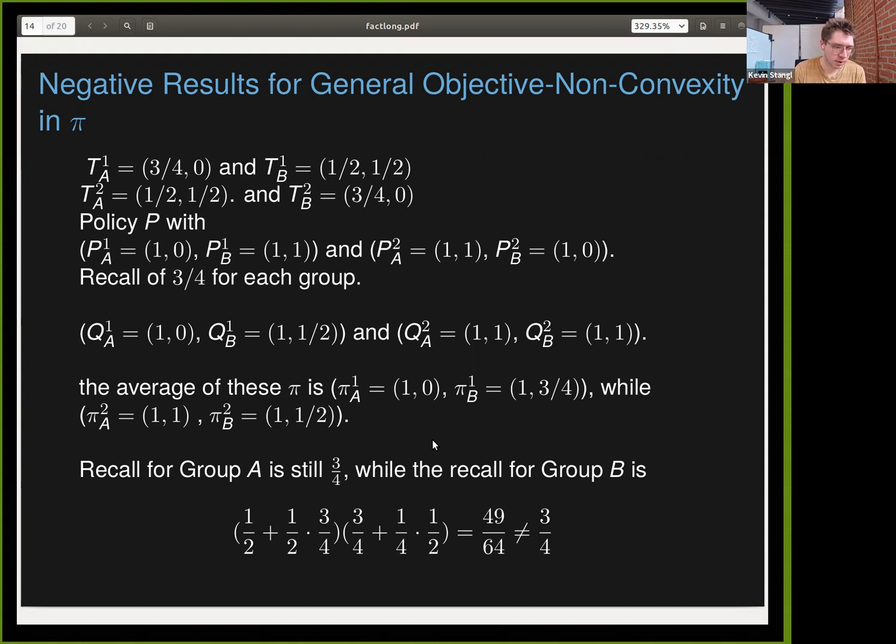I don't think it's worth zooming in on this too much, and it's not that surprising because you have this kind of weird structure.